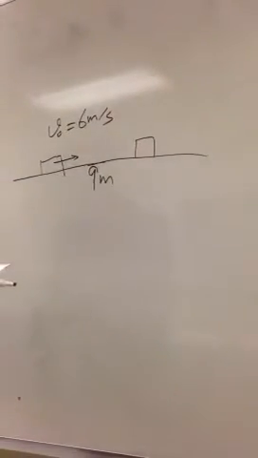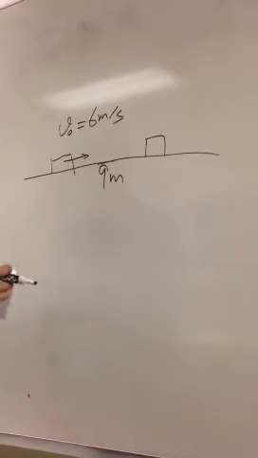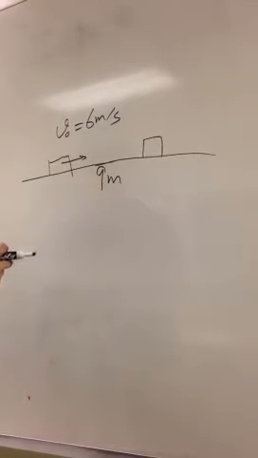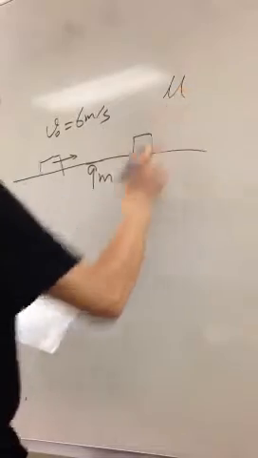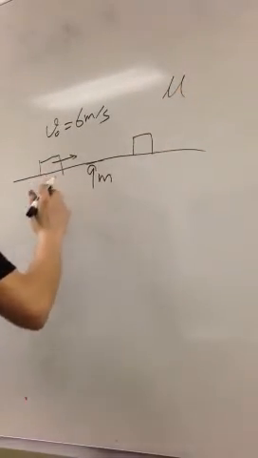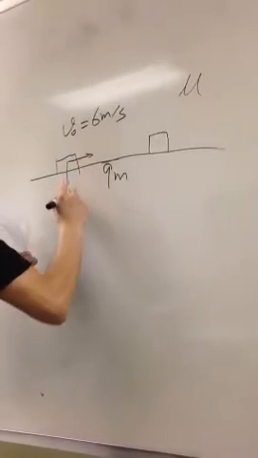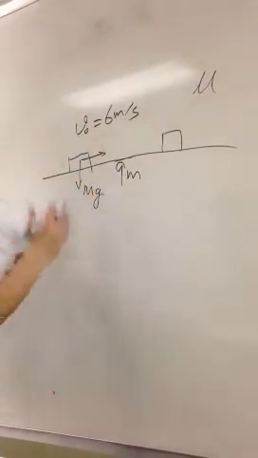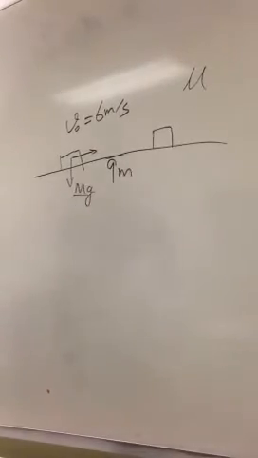What is the coefficient of kinetic friction between the puck and the surface? For example, the coefficient is mu. When we analyze this object, on the y-axis it only has mg, the gravity.